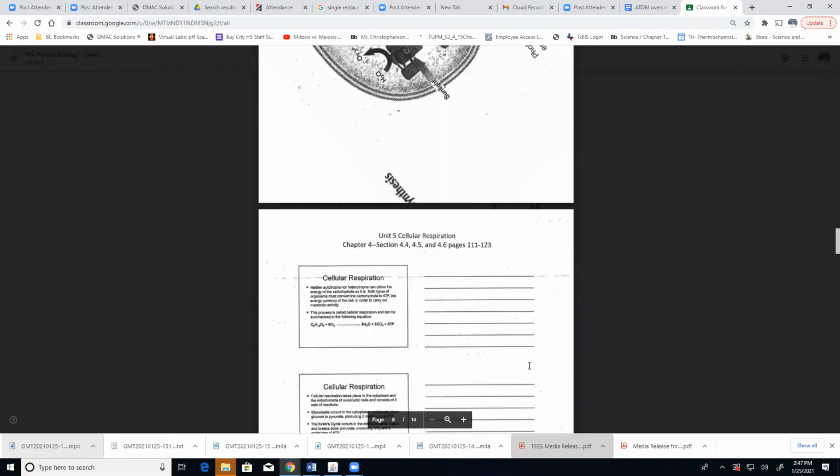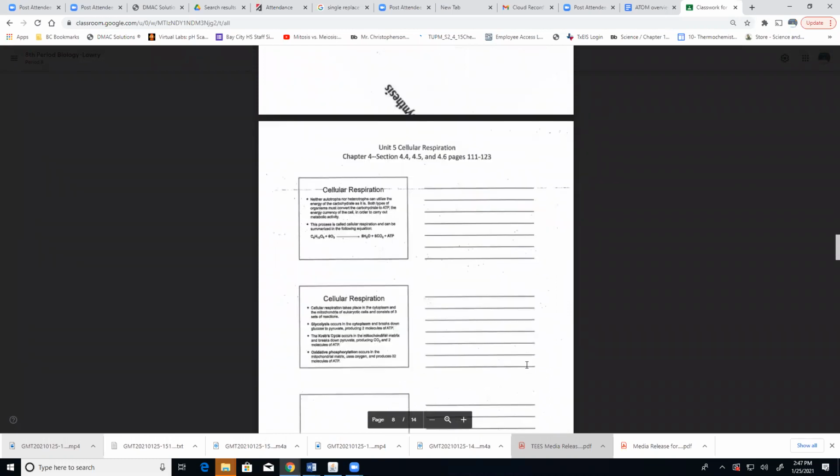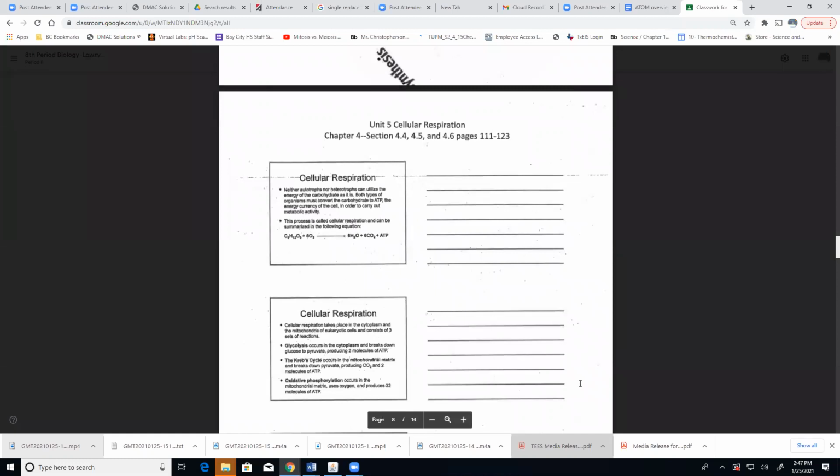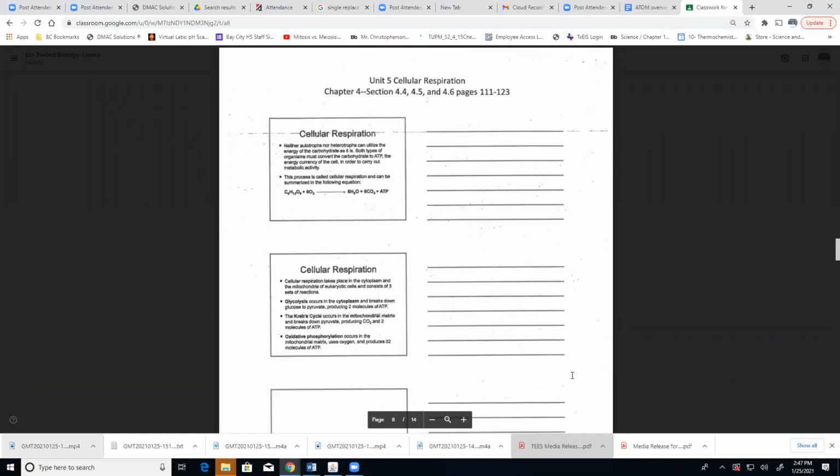It starts right here where you have Unit 5, cellular respiration.